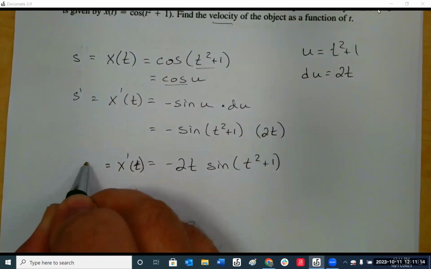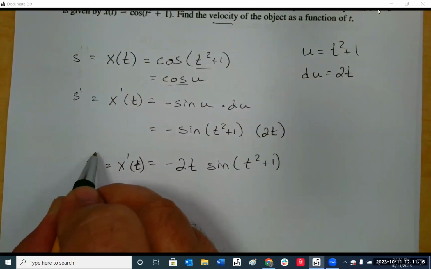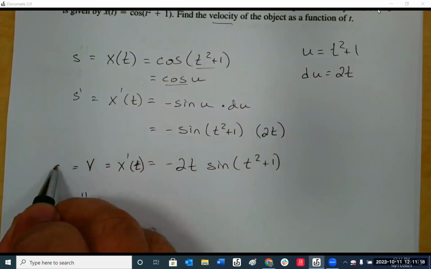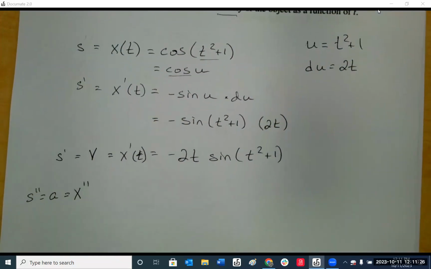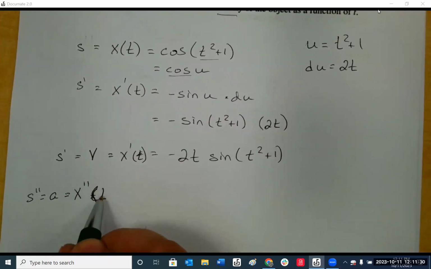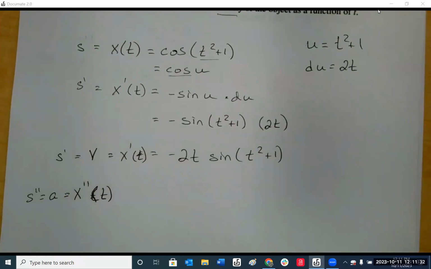This is the velocity, which is the first derivative of our position. This is our acceleration, which is the second derivative of our position. So we want to find the second derivative with respect to t.